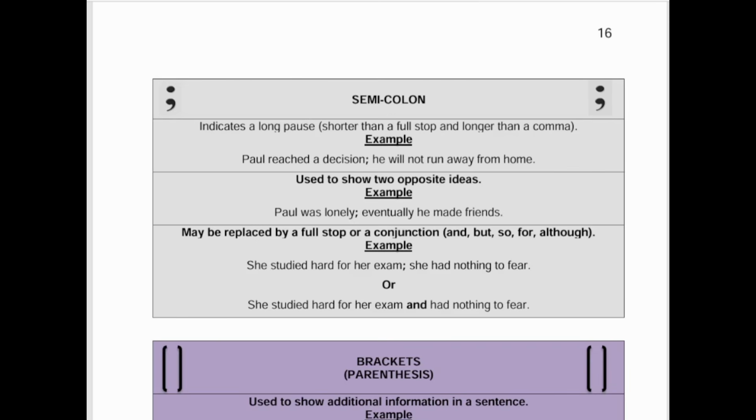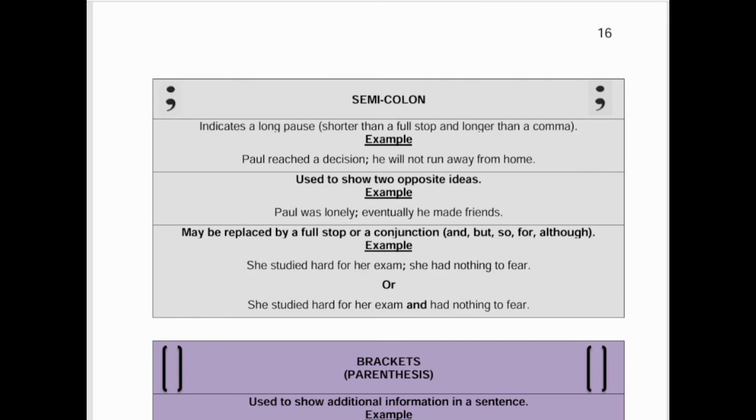Paul was lonely, but eventually he made friends. Paul was lonely, although eventually he made friends. So you find that this semicolon is used to show two opposite ideas.